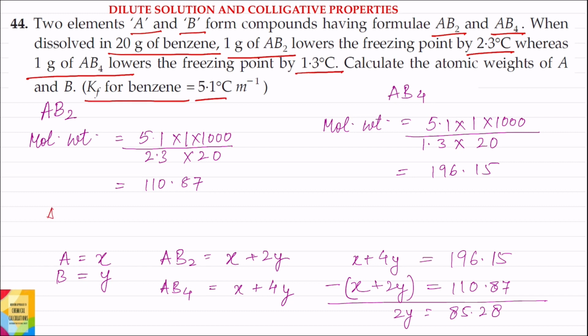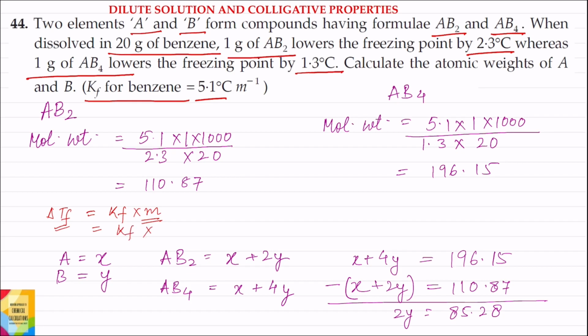Now depression in freezing point, that is delta Tf, is equal to Kf into m, and what is m? m is molality. So delta Tf is equal to Kf into molality.